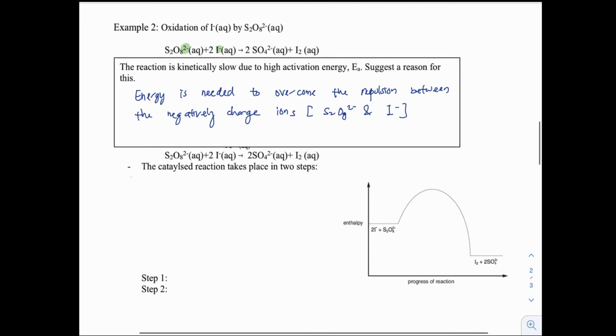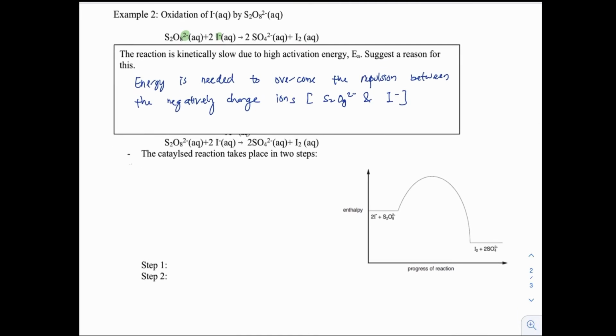Alright, so in order for this reaction to proceed smoothly, we will need a catalyst, and the catalyst will be Fe2+.